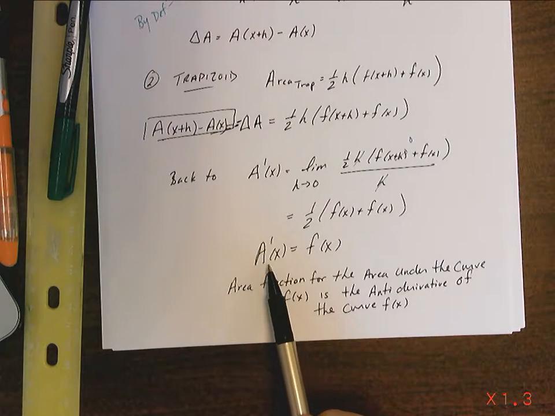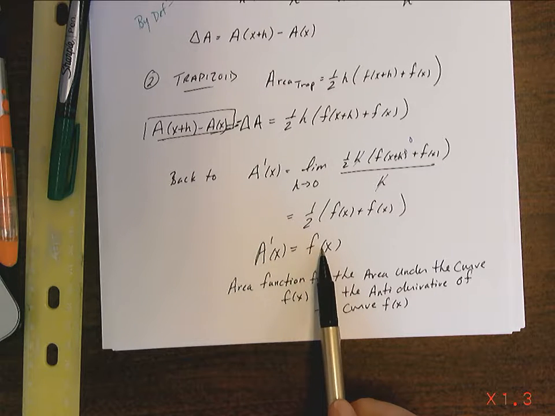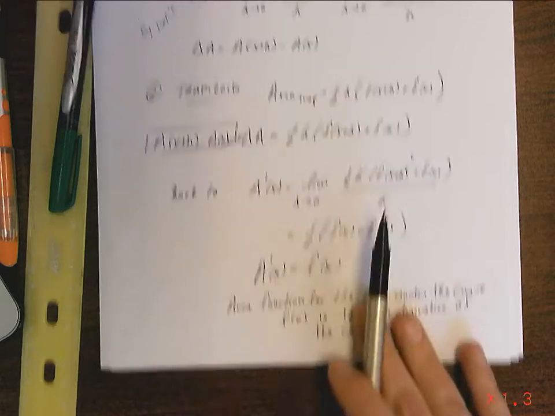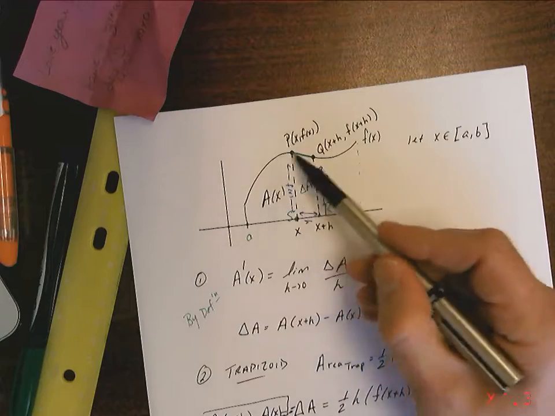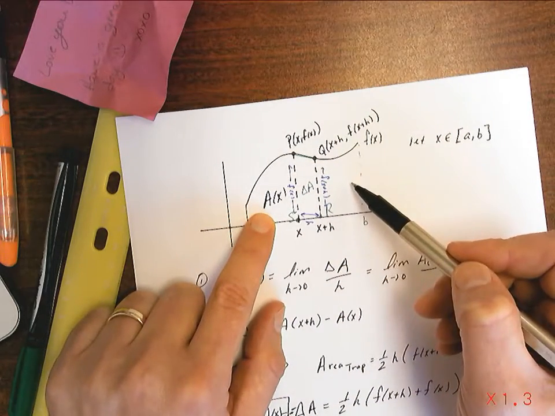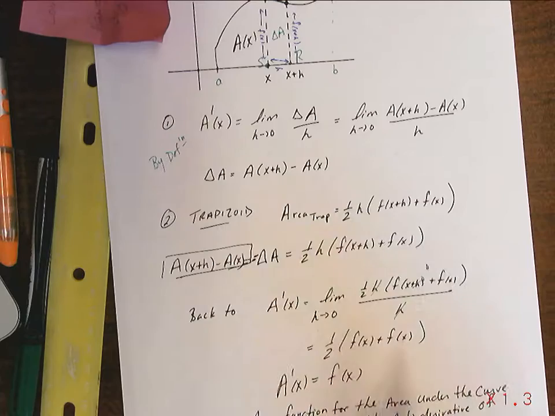So the derivative of the area function is equal to the curve itself, which means that the area function is the antiderivative of the curve. Which means if I'm given a curve f of x, and if I want the area function underneath it, what I do is I take the antiderivative of the function. That's pretty cool. We'll be back in a minute to expand.